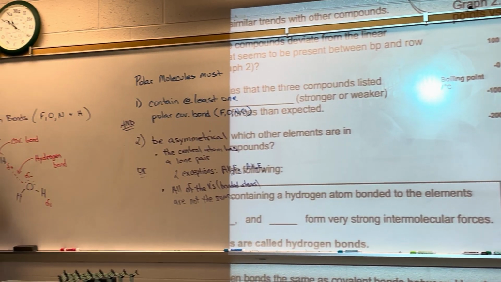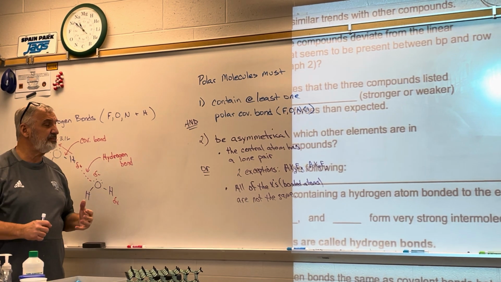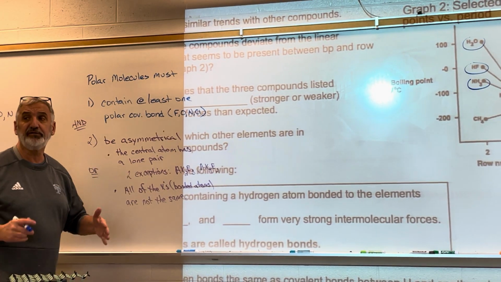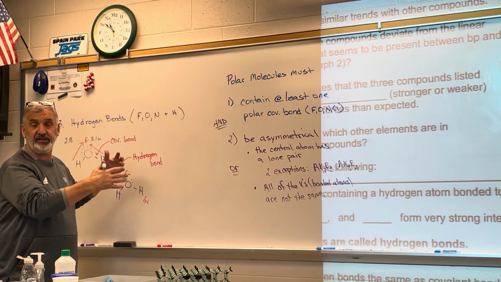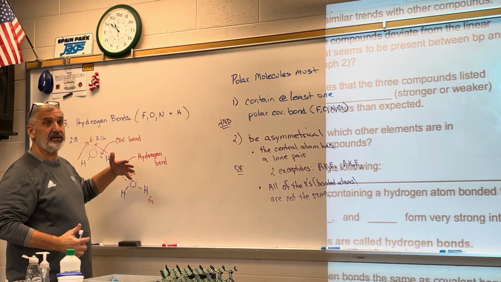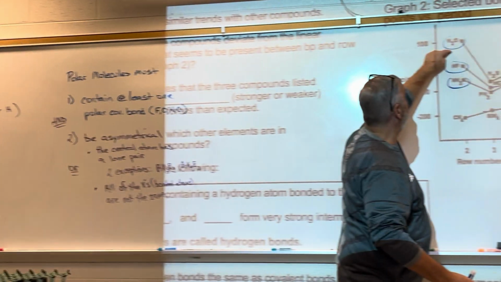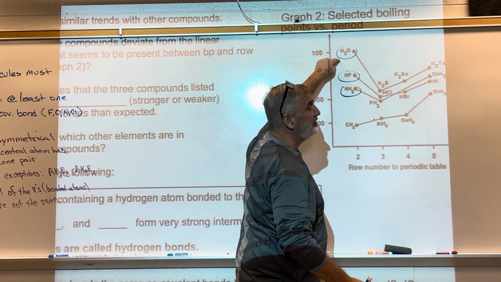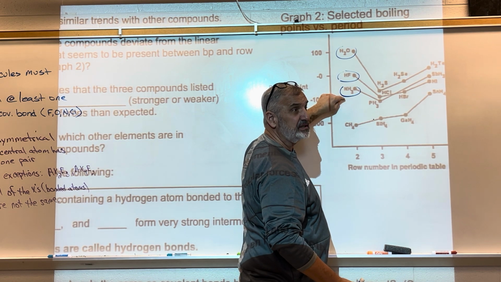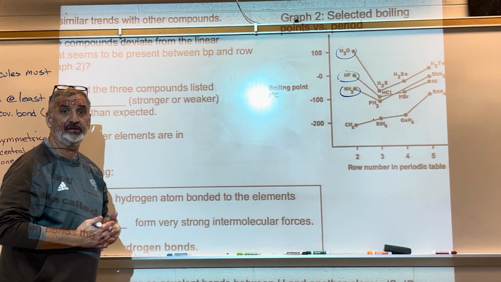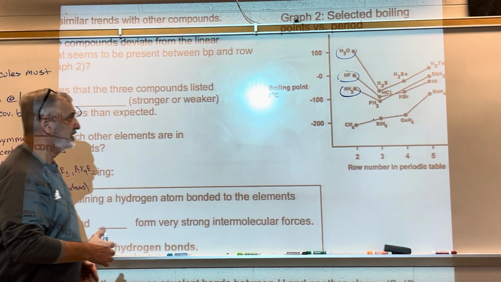But it's those three elements, and the hydrogen has to be attached to it, and those are called hydrogen bonds. They skipped right over dipole-dipole in this activity and went straight to the hydrogen bonds, okay? Because it's so unique. So you can see, these have especially high melting and boiling points because of the ability to form hydrogen bonds with other molecules.